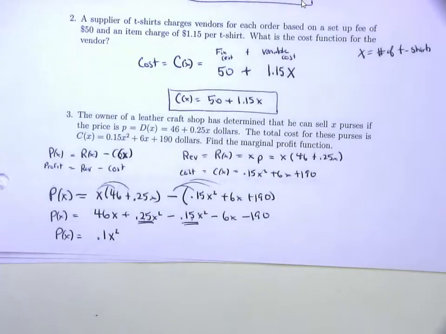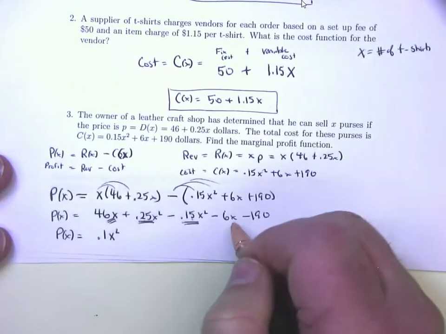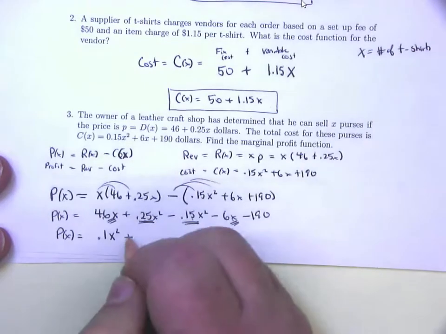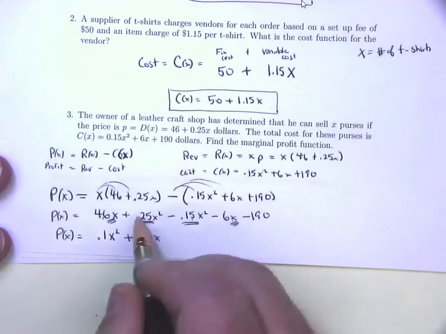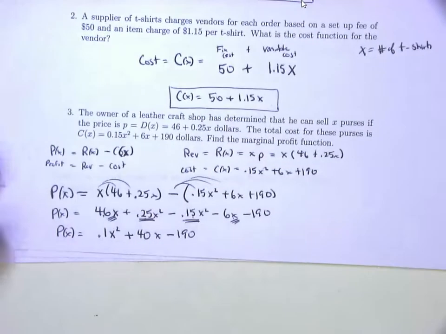This is cents, so that would be 0.1x squared. Combining x's, I've got 46x minus 6x, which is plus 40x. And then I've got one constant, minus 190. Does that make sense?